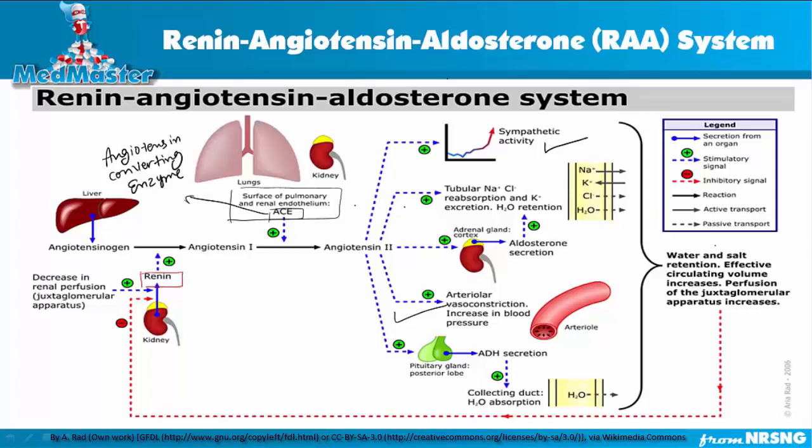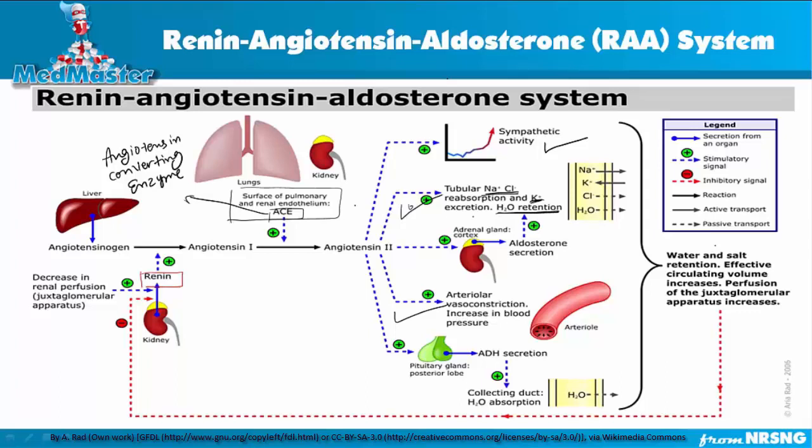Now the second action angiotensin 2 has is on the kidney tubules, where it's going to increase the reabsorption of sodium, and it's going to increase the excretion of potassium. When it increases the reabsorption of sodium, it's going to increase the H2O retention, basically the water retention.